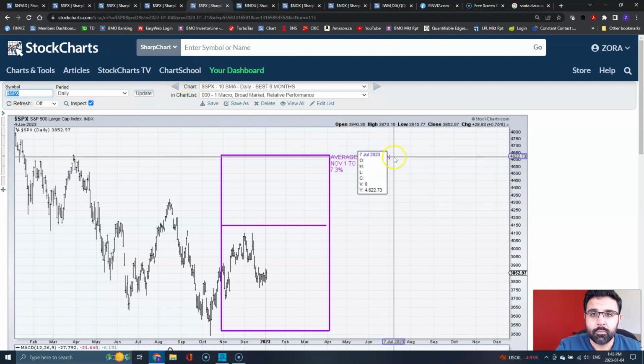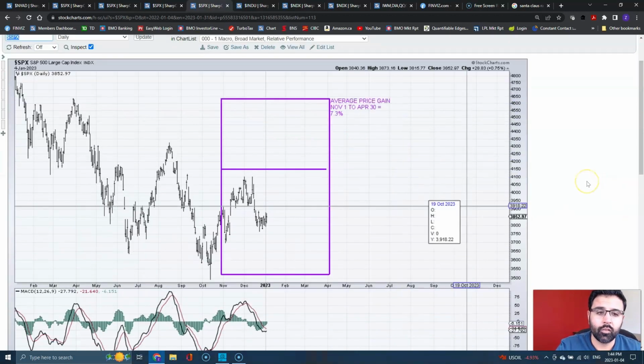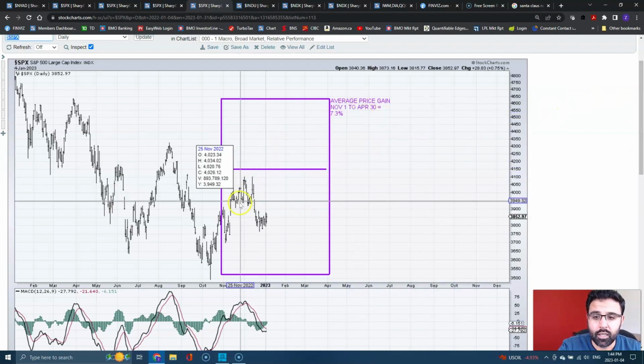And the best 6 months. Okay, so this is just speaking to seasonal factors. Typically what you do see in the market is from November to April, the stock market exhibits the most amount of strength. The average move from November to April 30th has been around 7.3%.